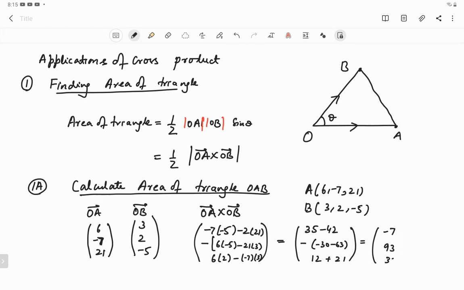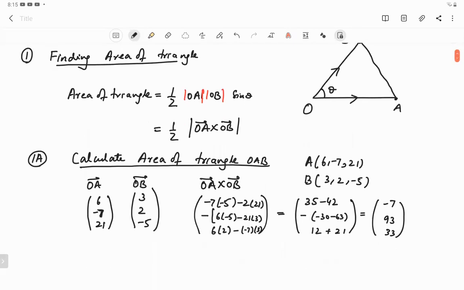And over here it's 33. This is OA cross OB. The magnitude of OA cross OB is equal to the square root of minus 7 squared plus 93 squared plus 33 squared.